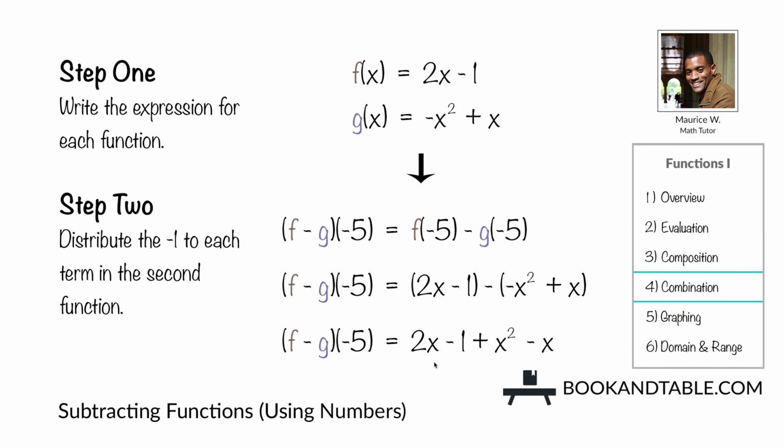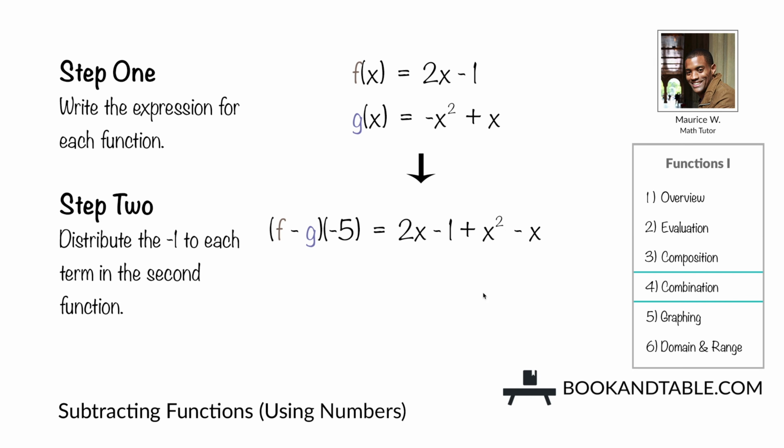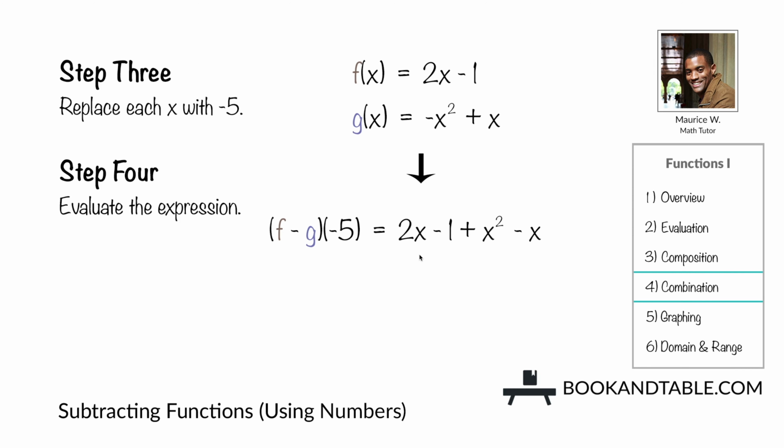And now that we've written out the expression and distributed the negative 1, the third step is to replace each x with negative 5. When we do so, we get 2 times negative 5 minus 1 plus negative 5 squared minus negative 5.